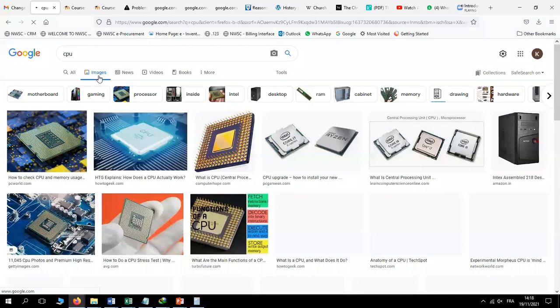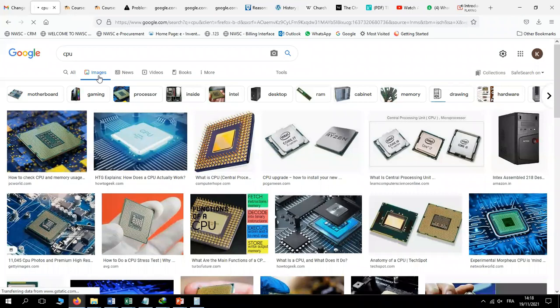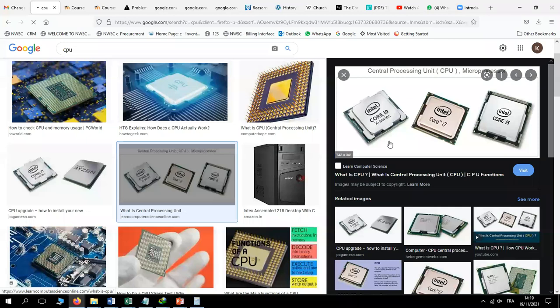However, from today onwards, in case you didn't know what the CPU looks like, it is a chip, the way you are seeing my pointer. It's almost the same size, if not exactly the same size, depending on the computer you are using. But generally, it's about the same size you are seeing on my screen, especially if you are using the desktop or the laptop version of the computer.